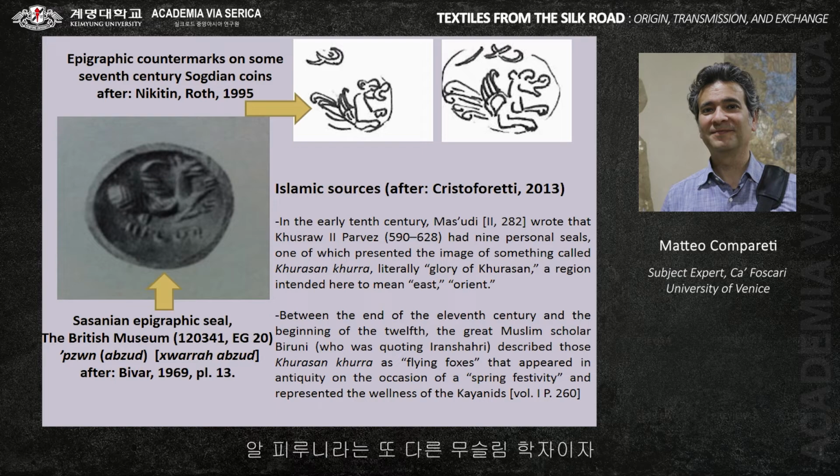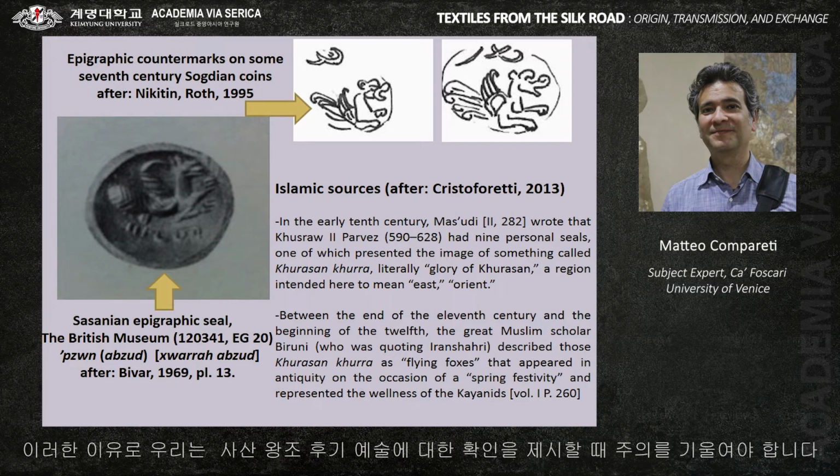And according to Biruni, another Muslim scholar who lived in the 12th century, this Khorasan Khora looked like flying foxes, which in my opinion could be a very good description of the creature with a dog face, dog or fox anyway, very similar animal, with wings and a peacock tail.